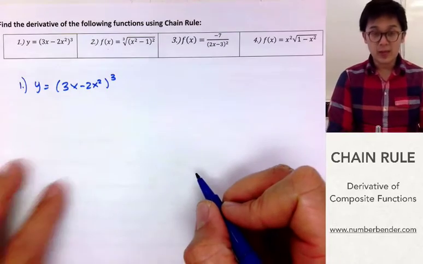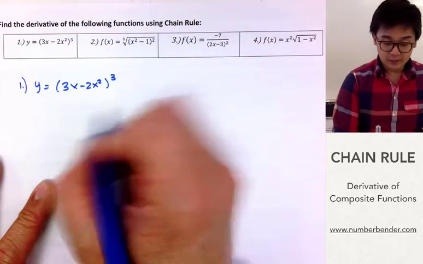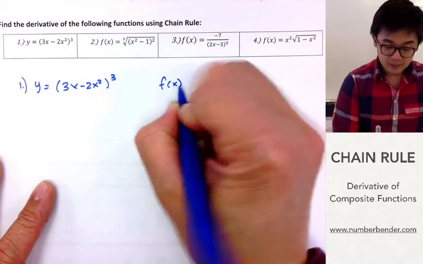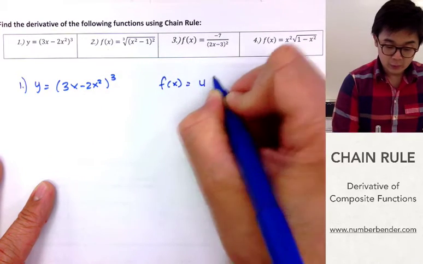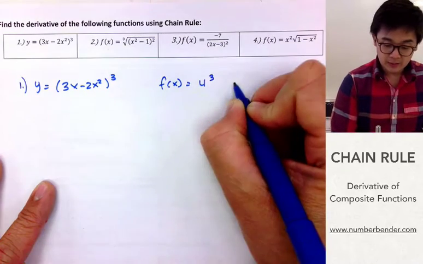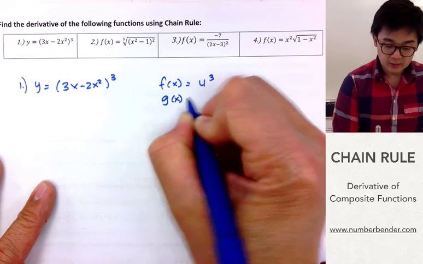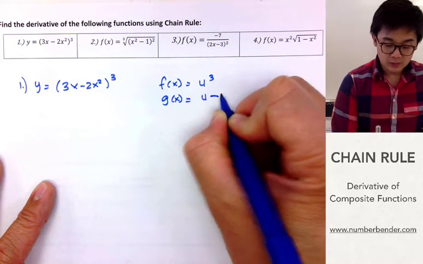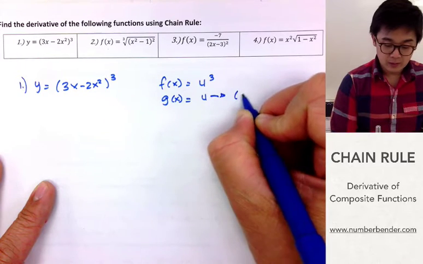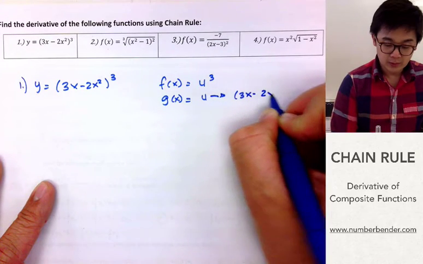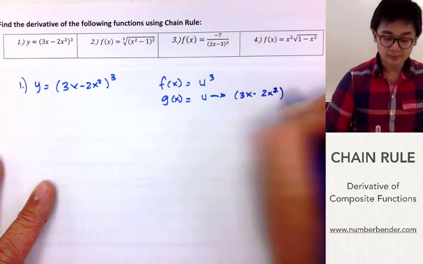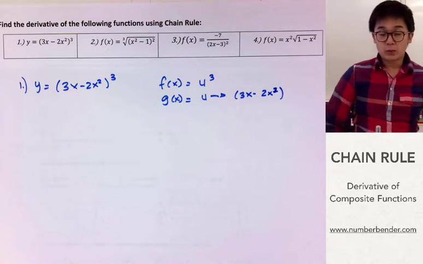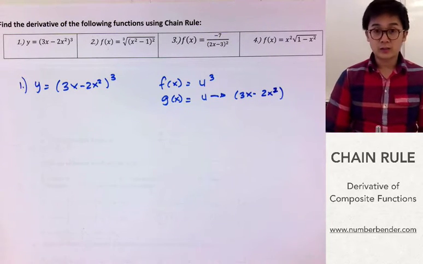In this case, we have a composite function wherein f of x is u cubed, and we can say that g of x is going to be our u, which is 3x minus 2x squared.